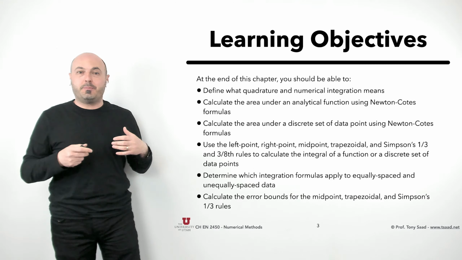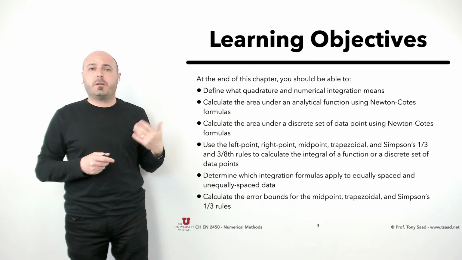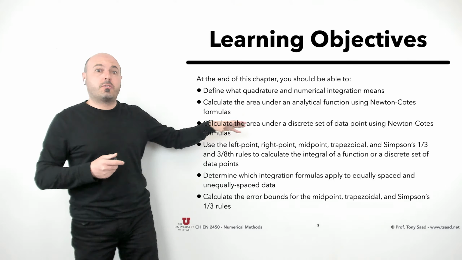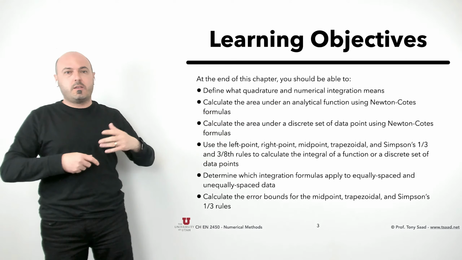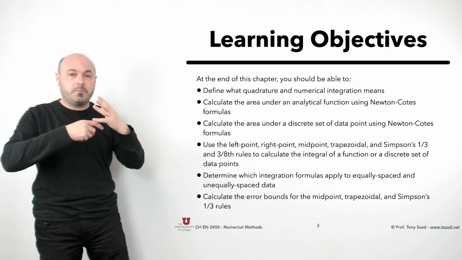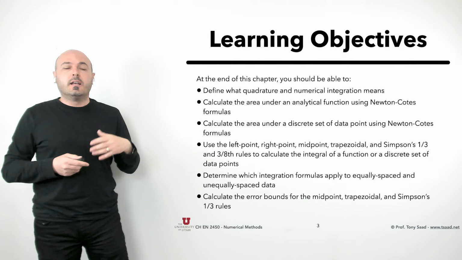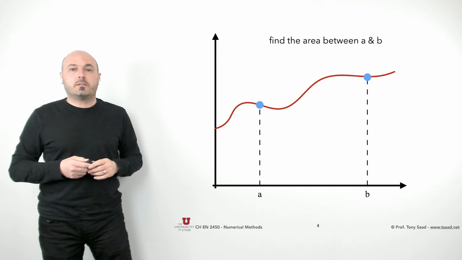You could have equally spaced data like the CO2 data every year, but what if you had data given to you every year, and then every 3 years, and then every year and a half, and then every 3.5 months, very unequally spaced? What do you do in that case? And then get an idea of what the error bounds are for all of the methods that we will discuss.